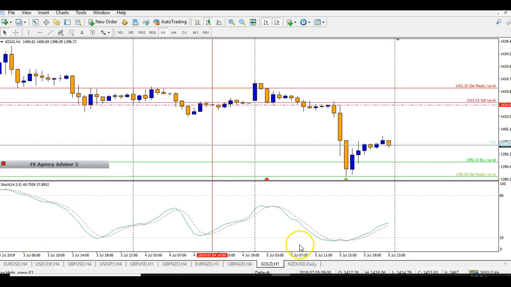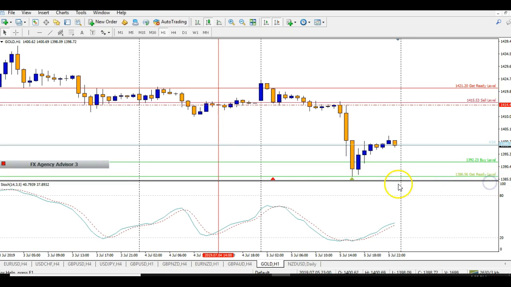Again, we're looking for several things to line up before we take a trade. The advisory indicator will give you a buy or sell signal, but you want to qualify that signal, because many times it will generate a buy and sell signal, but you need to qualify it. You can do that by simply using the stochastics indicator.